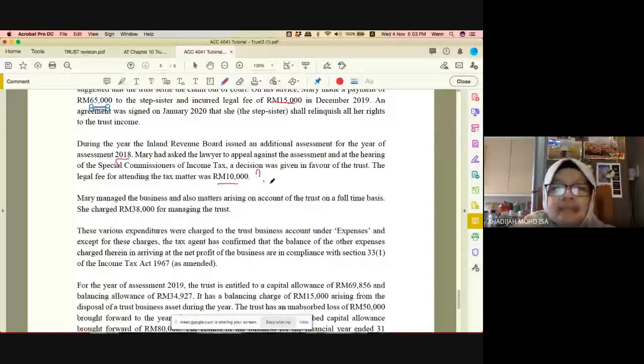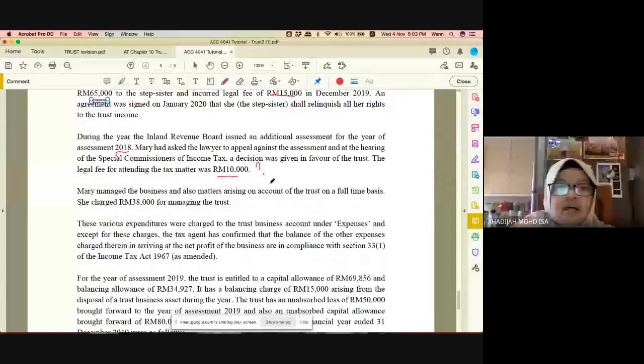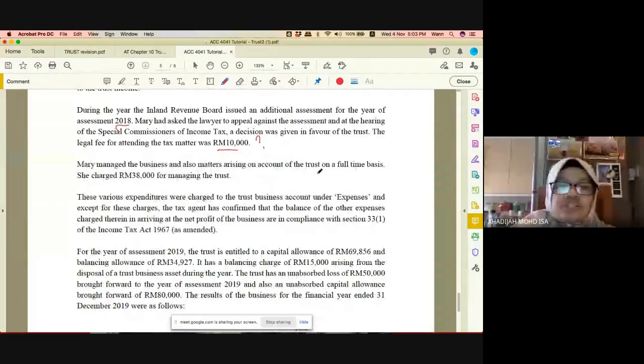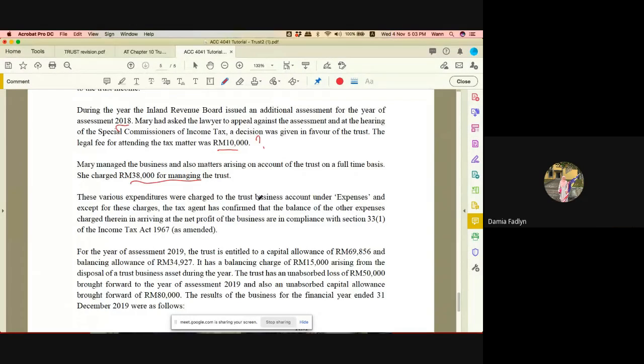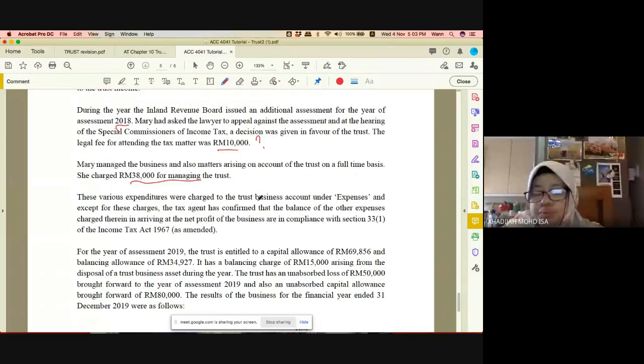And then you manage the business and also matters arising to the trust. You charge 38,000 for managing the trust. Is that deductible? No. Why? Because that is the expense incurred in managing the trust, not business, yeah.